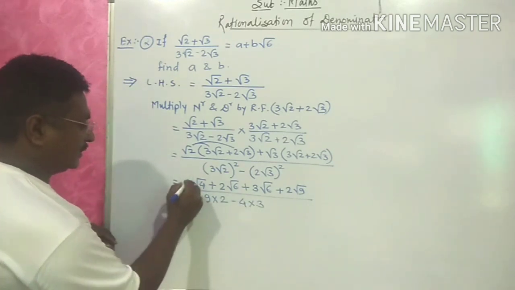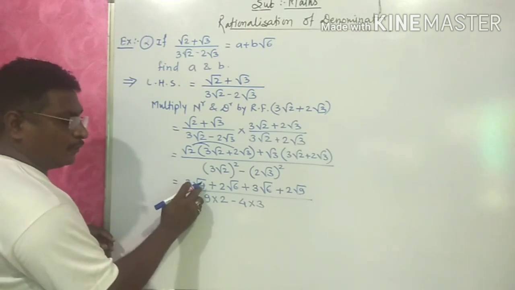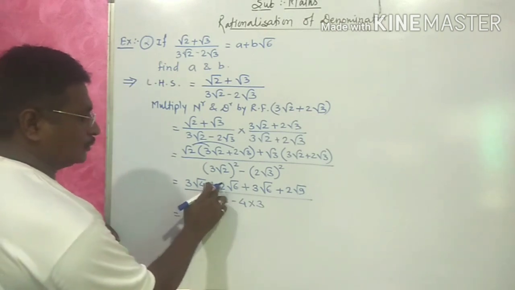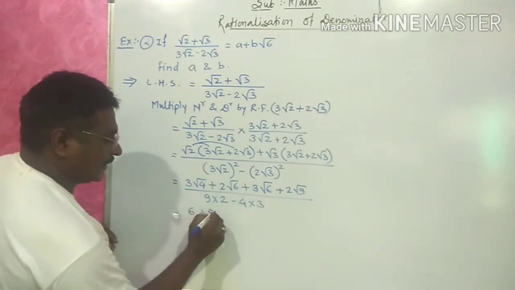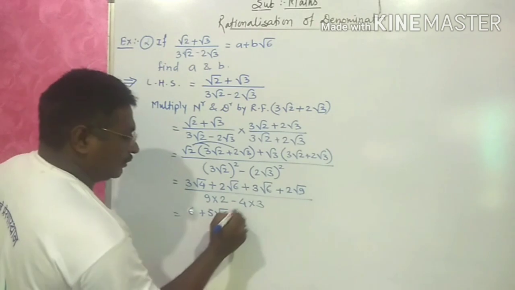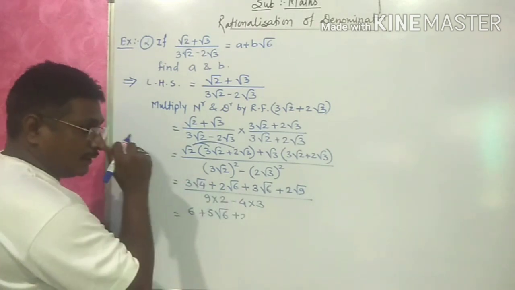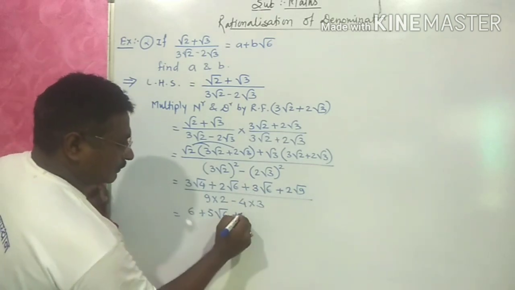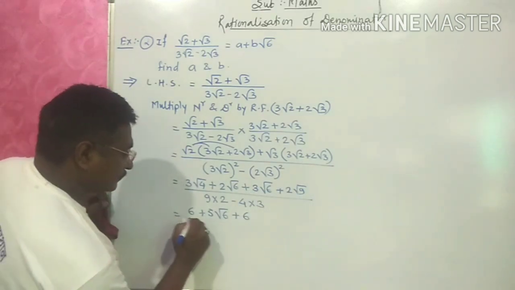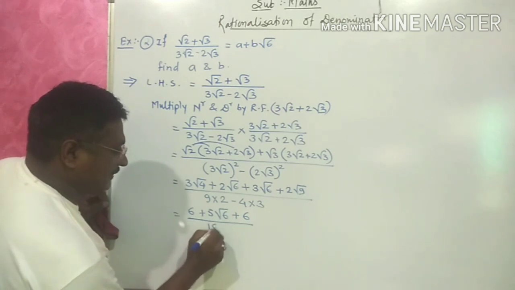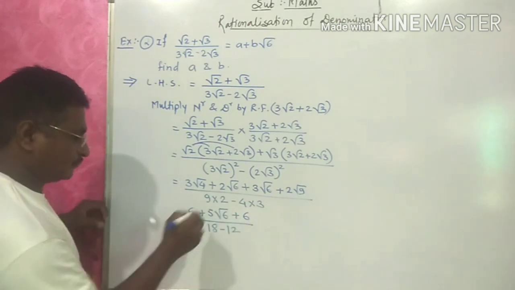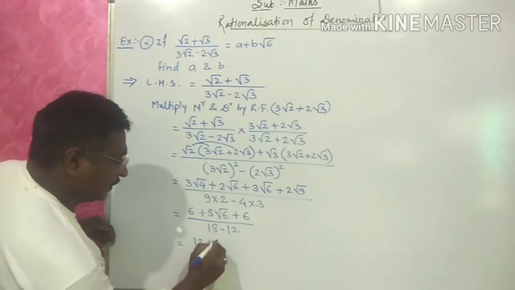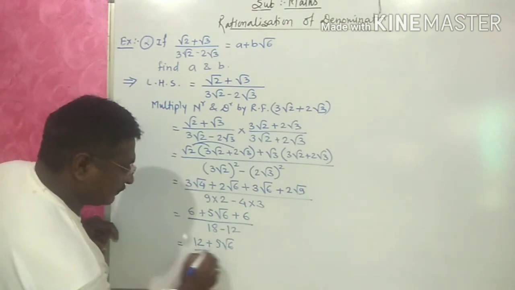So what will we get? 3 square root of 4 is 2, 2 into 3, 6, plus 2 plus 3, 5 root 6. Now here plus 2 into square root of 9, 3, 3 into 2, so what will we get? 6. So what is 18 minus 12? 6. So what is 6 plus 6? 12 plus 5 root 6 by 6.